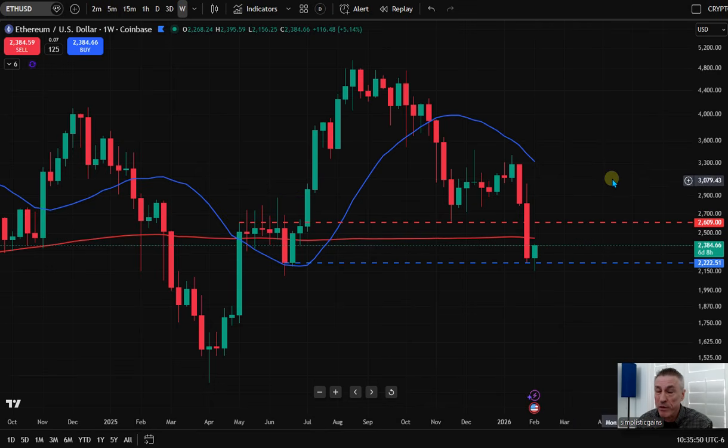So near term, what Ethereum and basically the altcoin market in crypto needs to do, because Ethereum normally kind of leads the pack. I mean, it's the biggest market cap, so on and so forth. So that's why we wanted to talk about it.